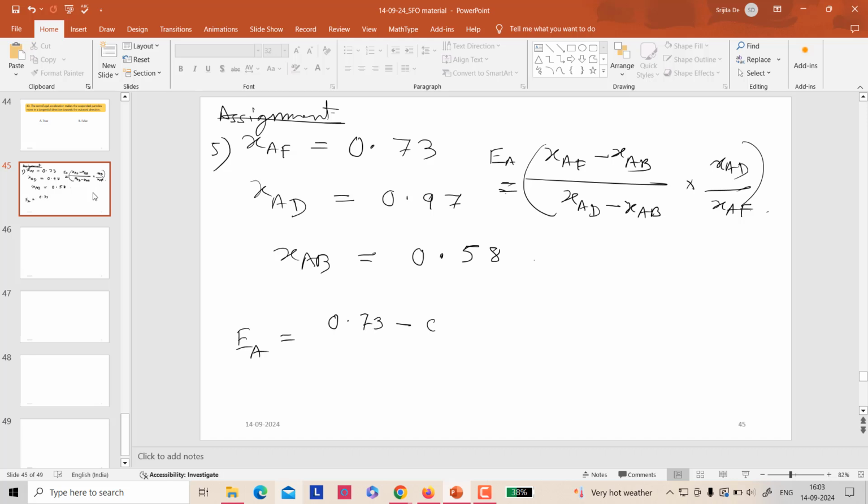So it will be 0.73 minus 0.58, divided by 0.97 minus 0.58, into 0.97 by 0.73. So how much is it?